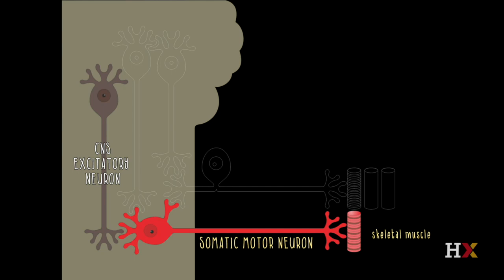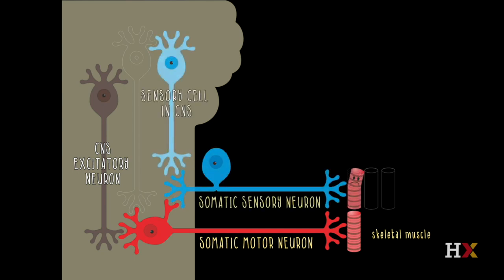So it's stretching all the way from the central nervous system to the skeletal muscle that it's innervating. Similarly, sensation from that skeletal muscle has to also travel a very long distance in the peripheral process of the somatic sensory neuron. What would happen if we had an injury to the axon of the somatic motor neuron?